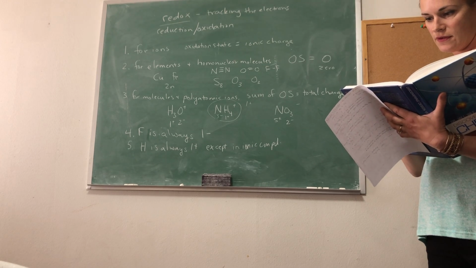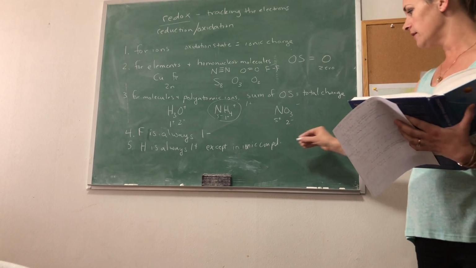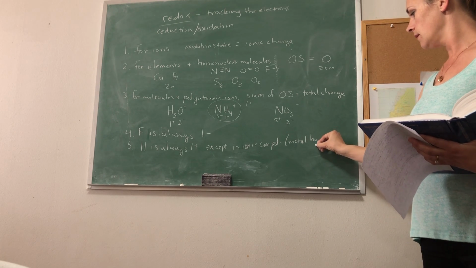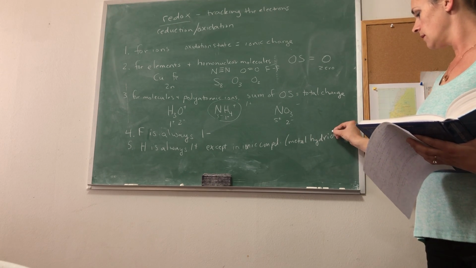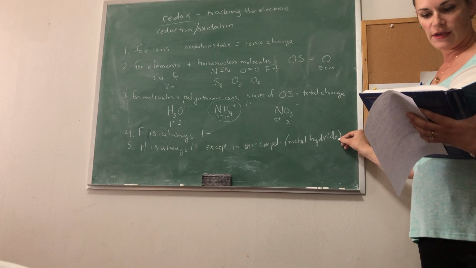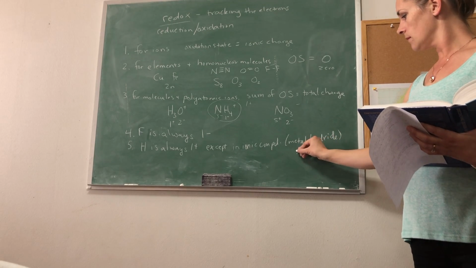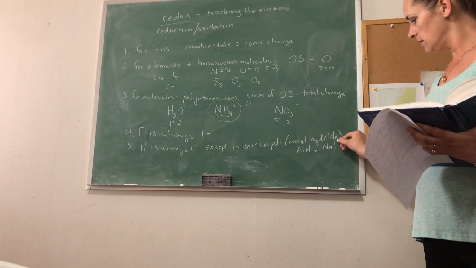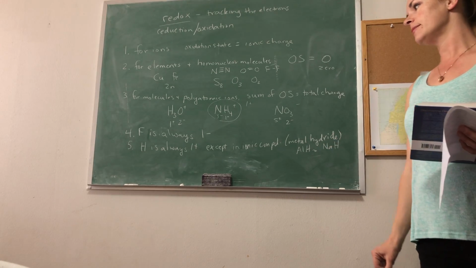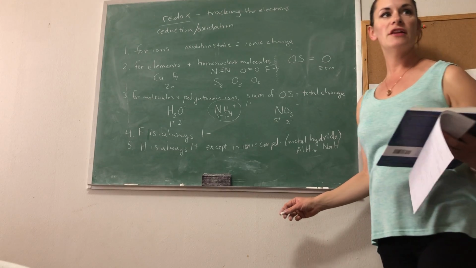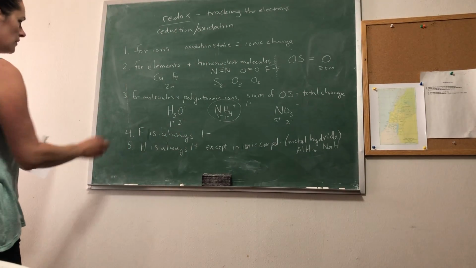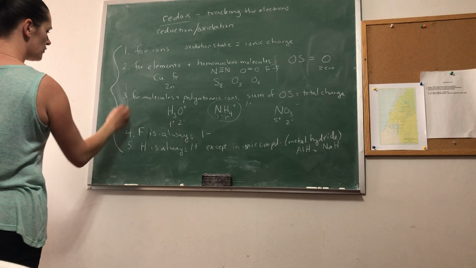Metal hydrides, such as aluminum hydride and sodium hydride, which are a little bit rare. But in general, whenever you see hydrogen, it's going to be +1. Okay? So these are the 5 rules that are always true.